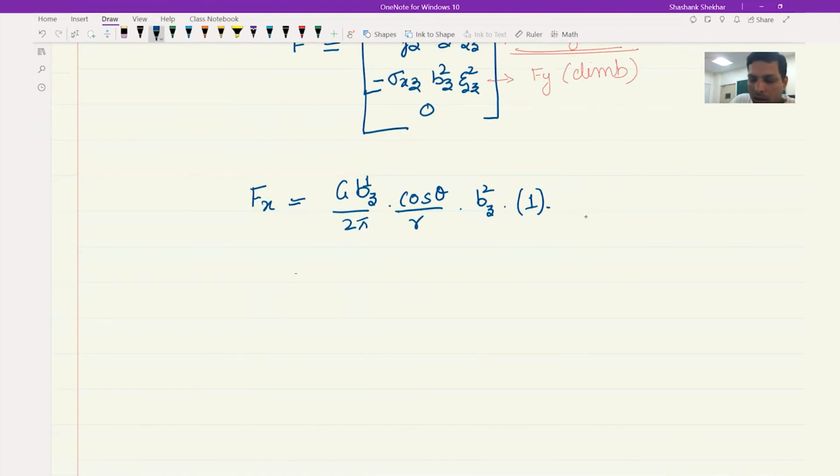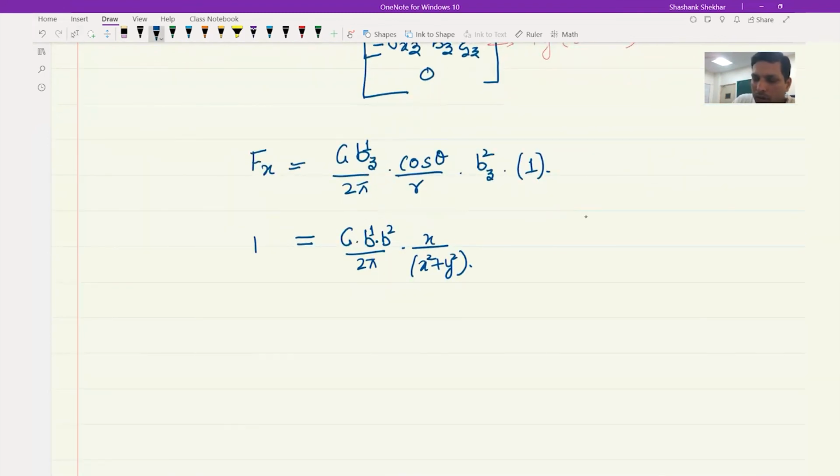And cos theta by r can be written as x by x square plus y square. So this is the glide force acting on the screw dislocation 2.